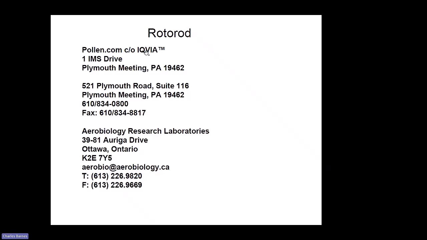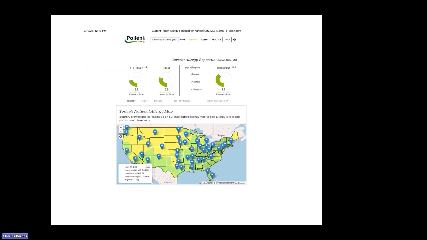And pollen.com has bought up the rights to produce the rotor-rod device in the U.S., and this address in Plymouth Meeting is still good. You can look them up, pollen.com, online, and find just about anything you want about them. And so they're the major commercial site that produces pollen and spore counts.